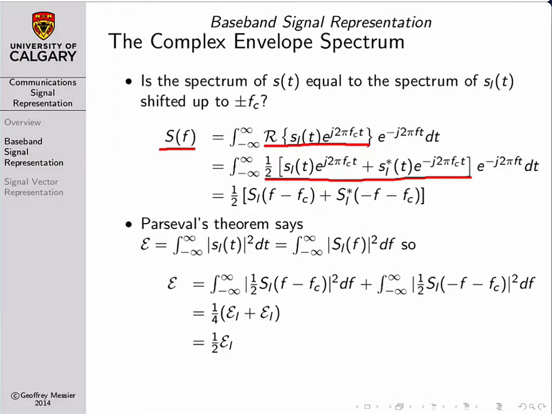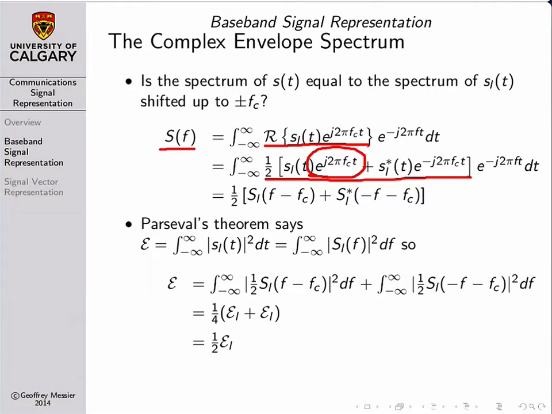What that boils down to is taking the Fourier transform of the complex envelope of the signal multiplied by this exponential term, which shifts the signal in frequency so that it's centered at the carrier frequency.